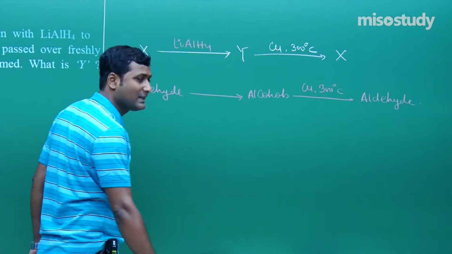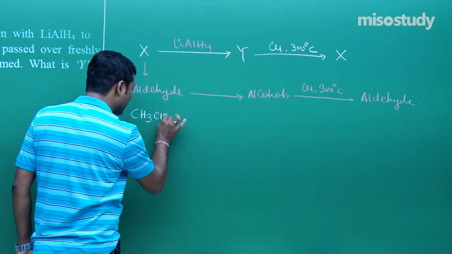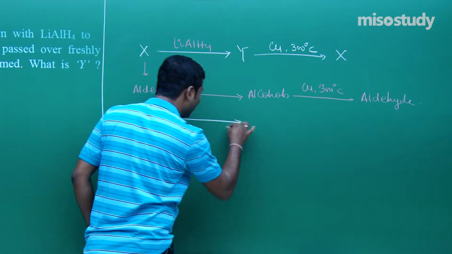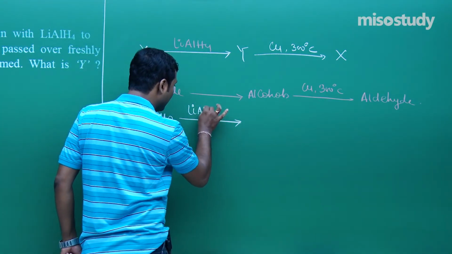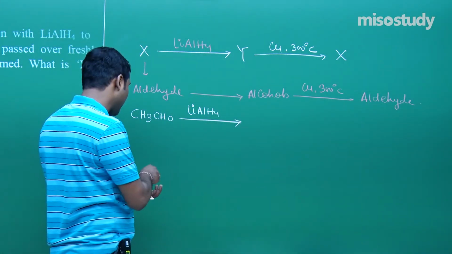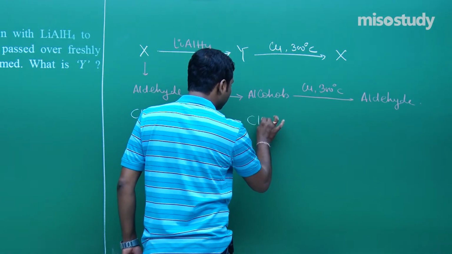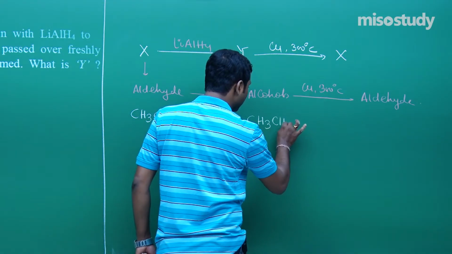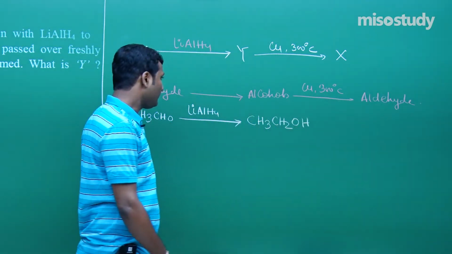Now put the values. If I take a general example, CH3CHO, that is acetaldehyde, on treatment with LiAlH4 gives the alcohol CH3CH2OH.